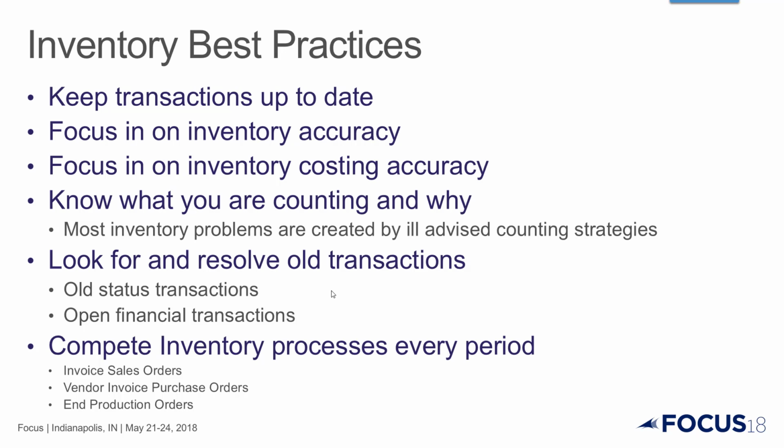And here's the other one that's important: ending production orders. I can't tell you how many times I say this. People will create production orders that span multiple periods. Well, here's the problem with that: when you're selling, let's say, coming off that production order, it's taking what the estimated cost was at the time.